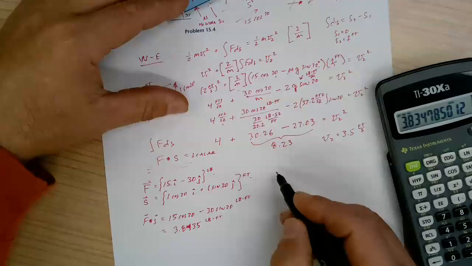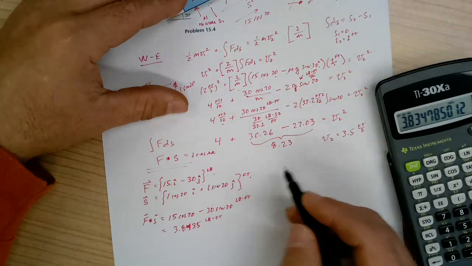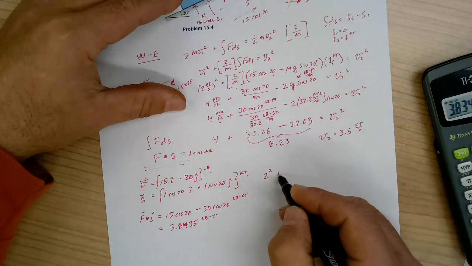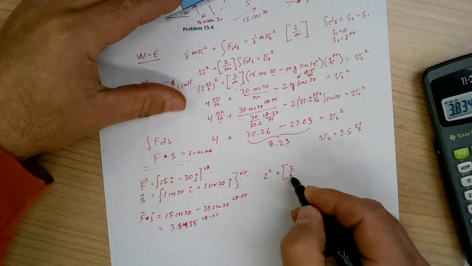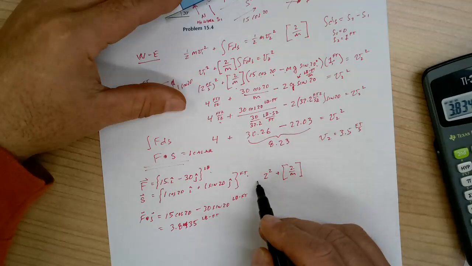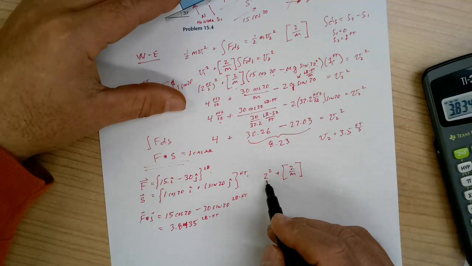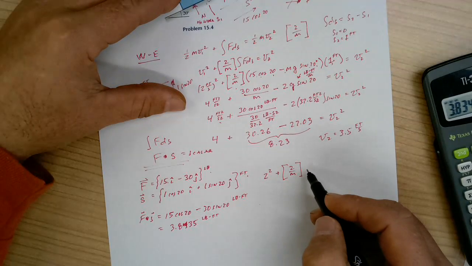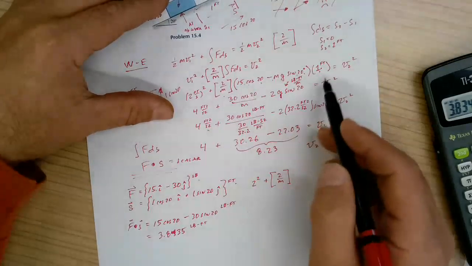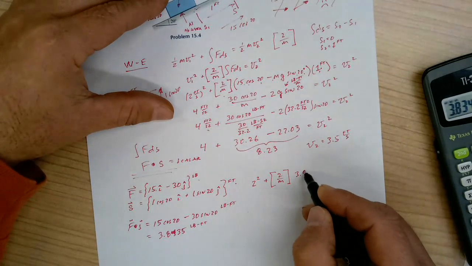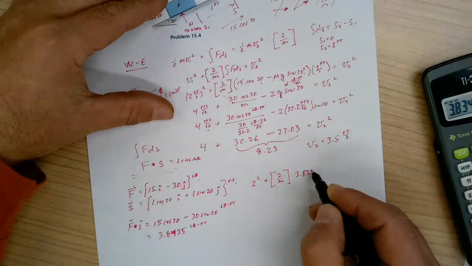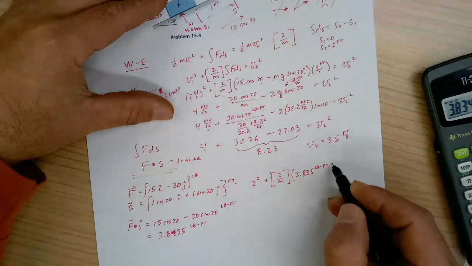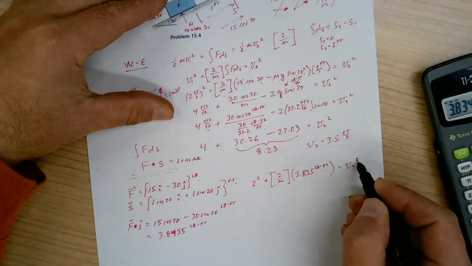So if I go back, I have 2 squared plus 2 over m, because I got rid of the 1/2 m on the 2. Everything in the parentheses up here comes down to 3.835 pound feet equals V2 squared.